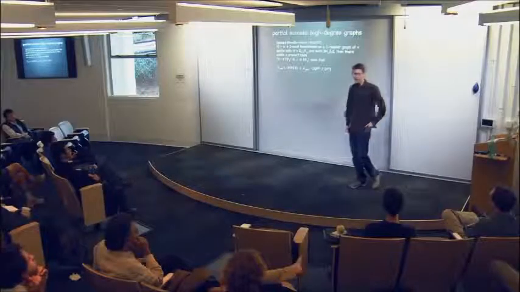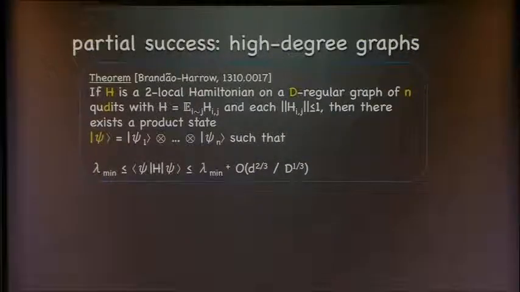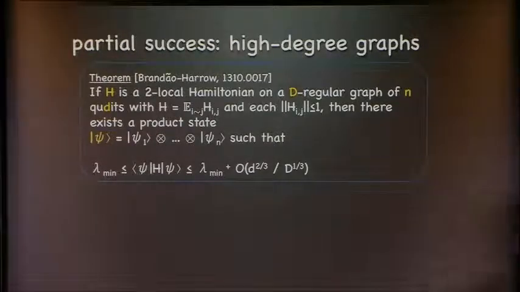So another example in which entanglement can be tamed, and where it is basically the relevant parameter, is when we're trying to find the ground state of a local Hamiltonian. It's a problem you've heard about a lot over the last couple of days.